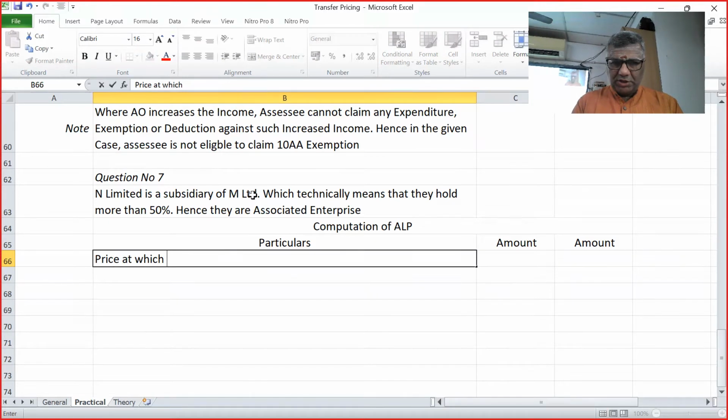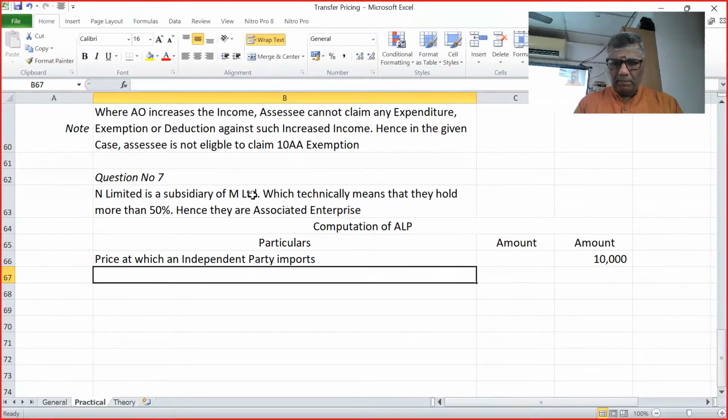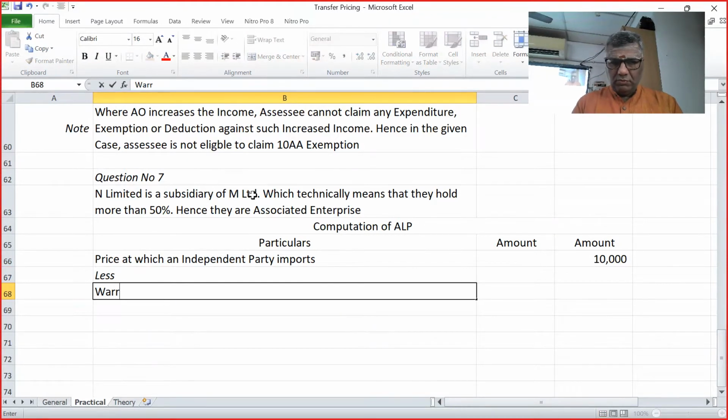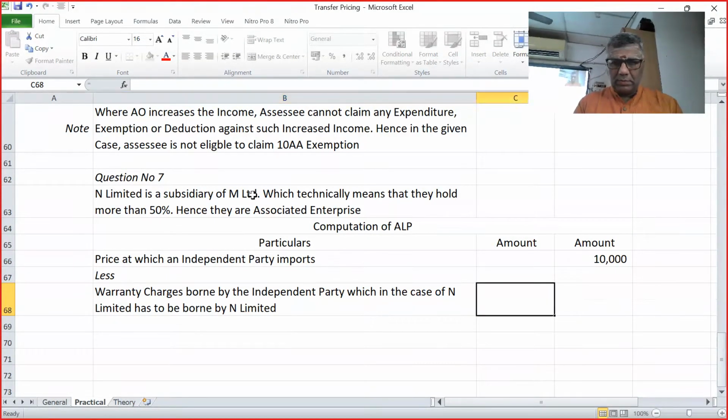Price at which an independent party imports, less warranty charges borne by the independent party, which in the case of N Limited has to be borne by N Limited.